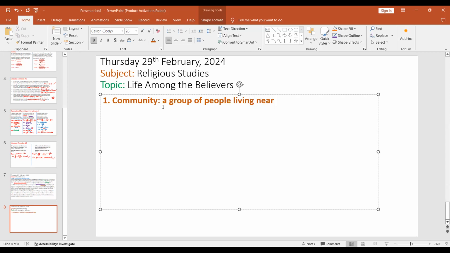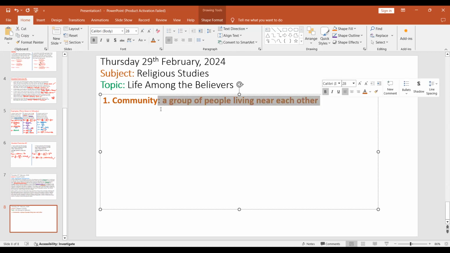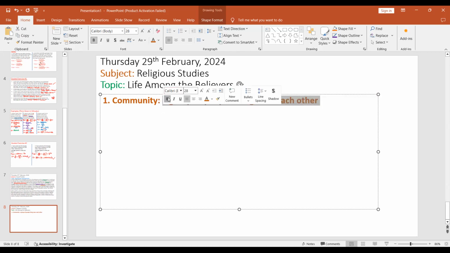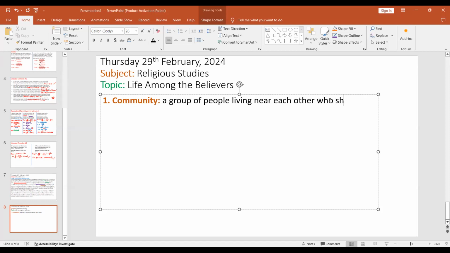What are community values? What are good community values? Helping each other. What else? Parenting. Kindness, and what else? Jevon hit the nail right on the head. Sharing, right? So a group of people living near each other who share things in common.